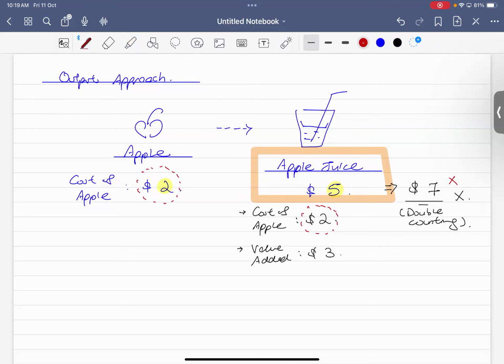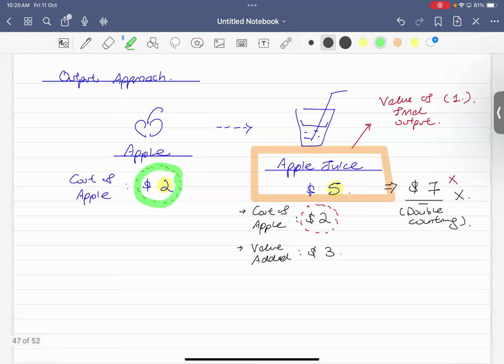For example, we say that the apple is $2. Yes, we take this $2. And then when it is converted into apple juice, we take the value added part, which is $3. So when these two add up, it becomes $5.